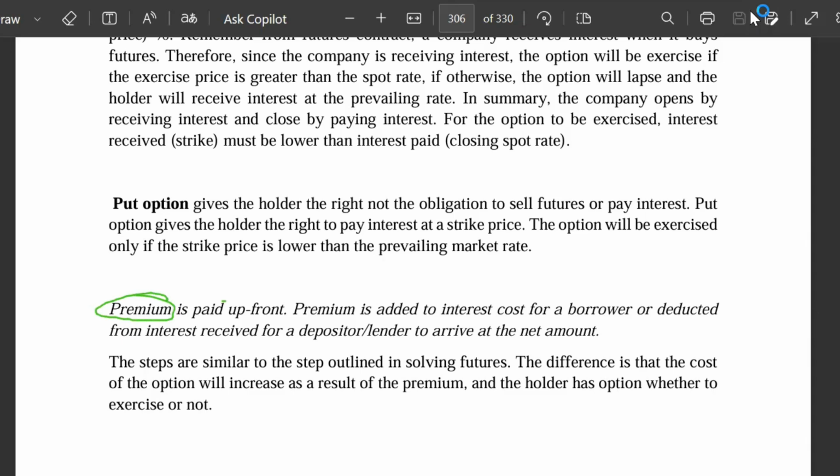The premium is paid upfront. The premium is a payable. So if the transaction is a payable, you will add the premium because the premium is also a payable.